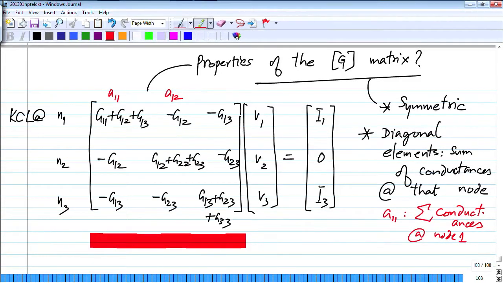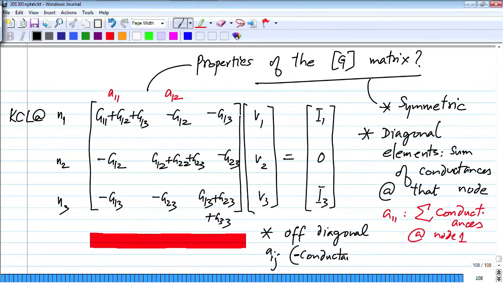Yeah, again, I think it's pretty clear. The off diagonal elements are, if I take the element Aij, the negative of the conductance between node i and j.